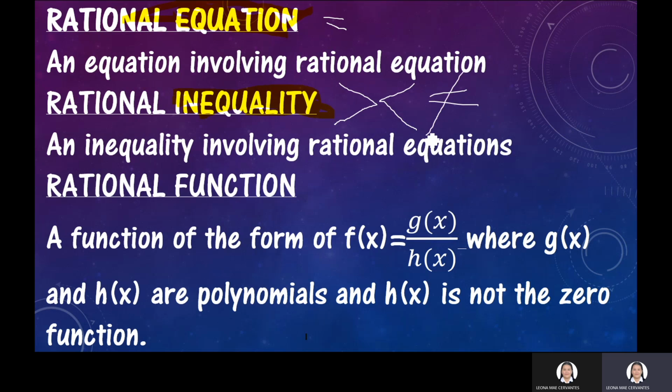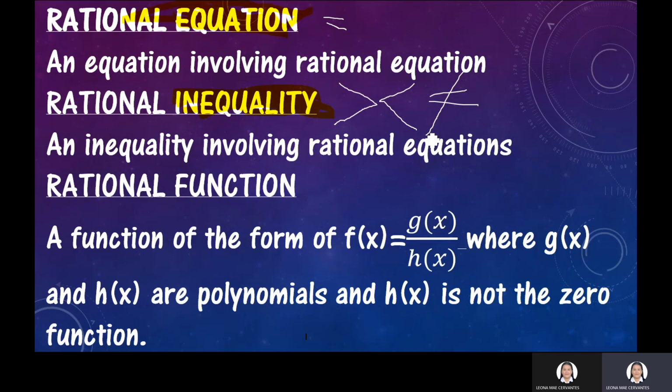Again, rational inequality, inequality, not equal. So, kapag meron dalawang polynomial, then merong greater than, less than, or not equal, it is a rational inequality.